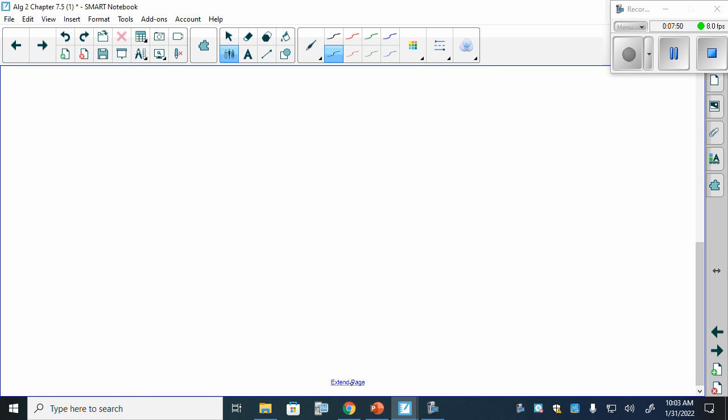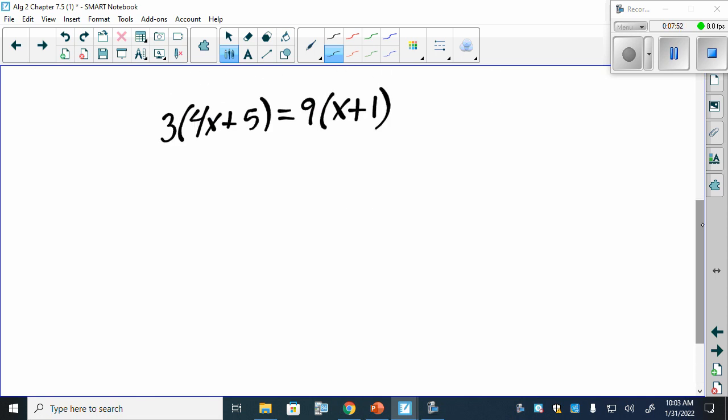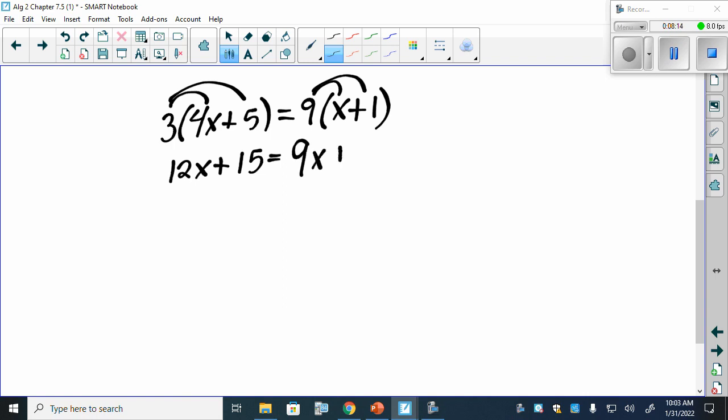Now, do we have any fractions left? Well, no. Now we just need to solve for the value of x. So the first thing we can do is distribute the 3 through. So we can do 3 times 4x is 12x plus 15 is equal to, here we distribute the 9, so we'd have 9x plus 9.